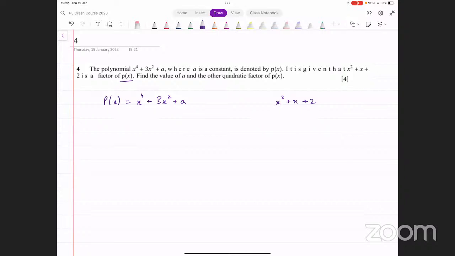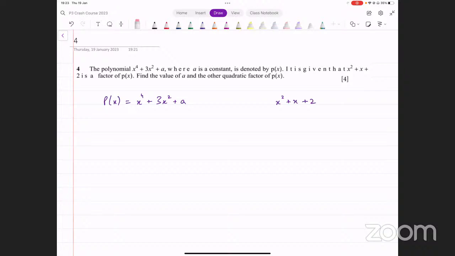What we need to do is find the value of a and the other quadratic factor of this polynomial. So one factor is given, that's x squared plus x plus 2. We don't know the other factor, that's one thing. And we also do not know the value of a. We need to find the value of a here. What do we do? Any ideas?